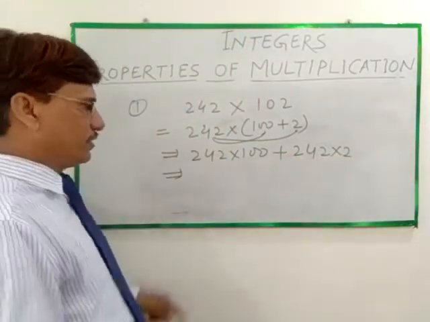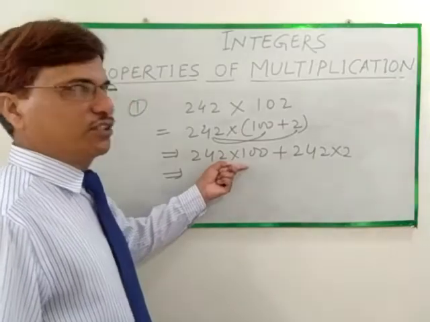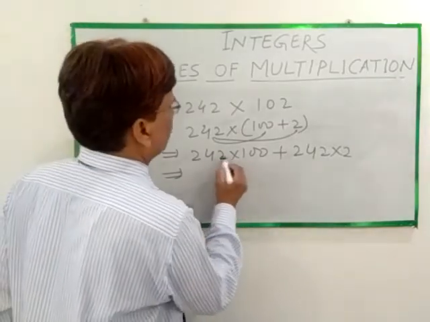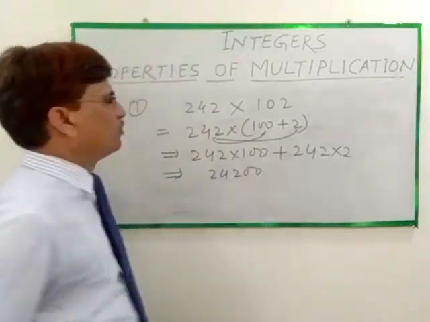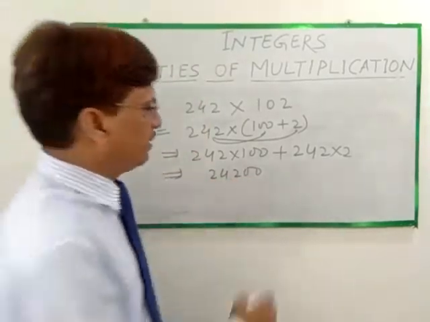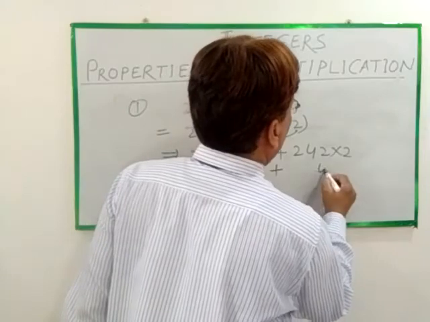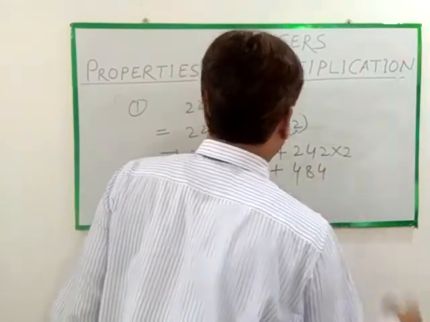Now it becomes very easy to solve. 242 into 100 is 24,200, plus 242 into 2, 2 4s are 8, 2 2s are 4, 484.